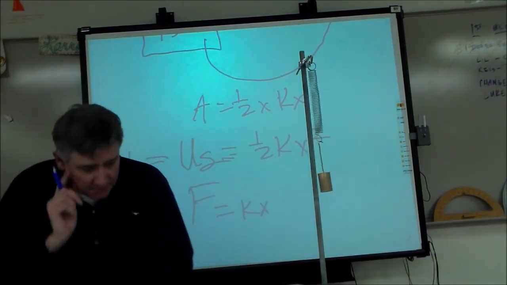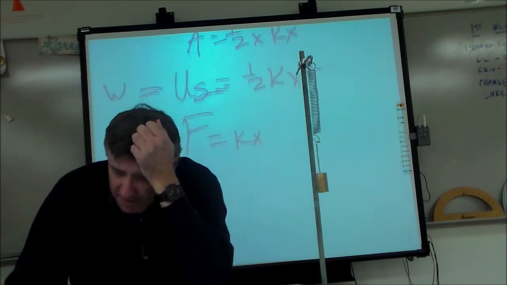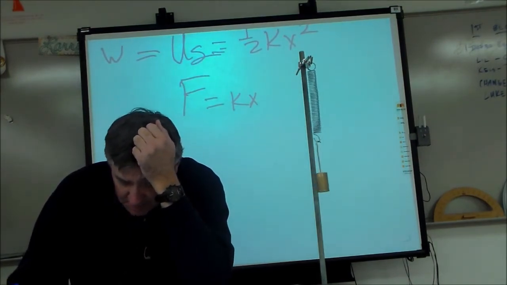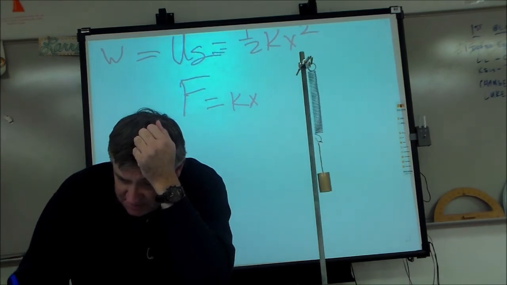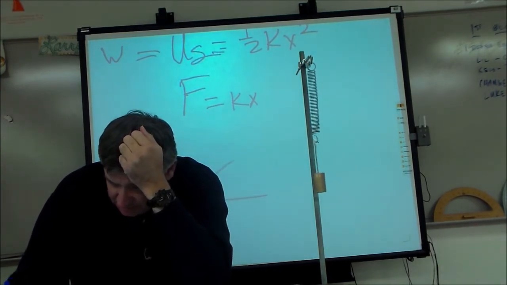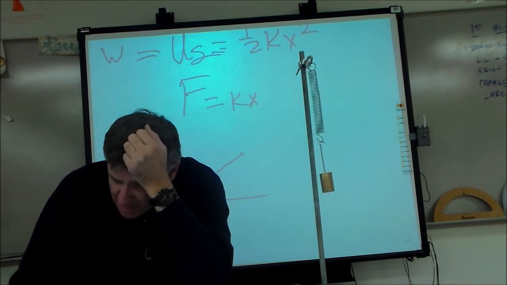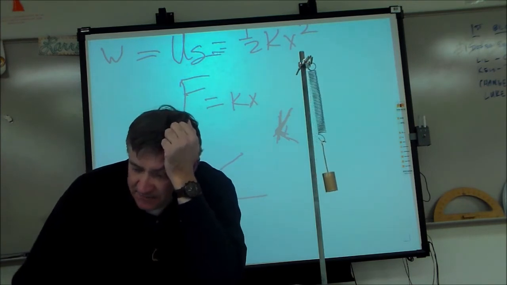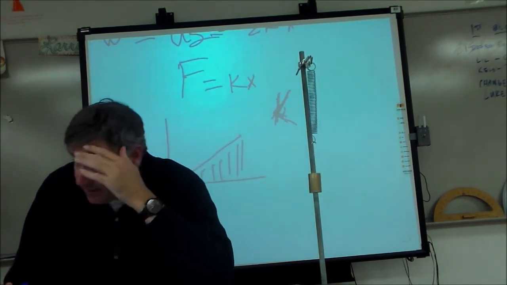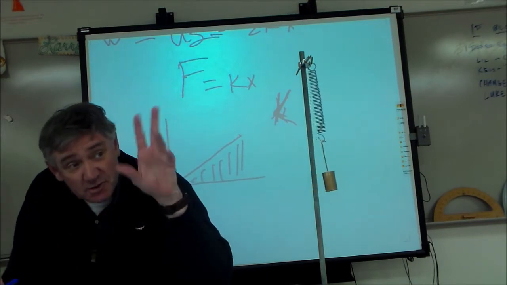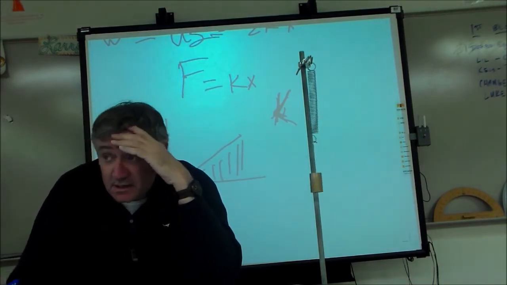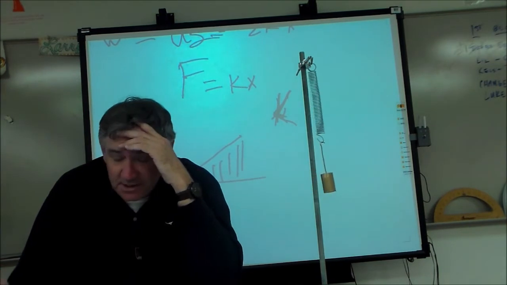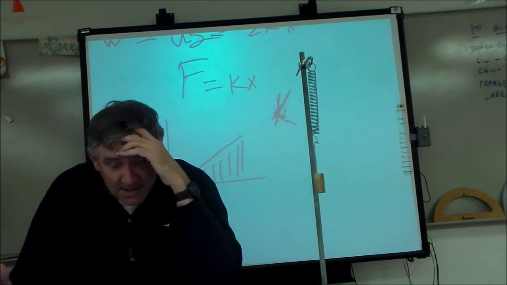Okay. Now, for those of you that are calculus nerds, if you look at this being a linear relationship, where the slope of that line is going to be some constant k, right? And if you want to find the area underneath that line, what do you take? The derivative or, well, I used to call them integrals, the derivative or the antiderivative?